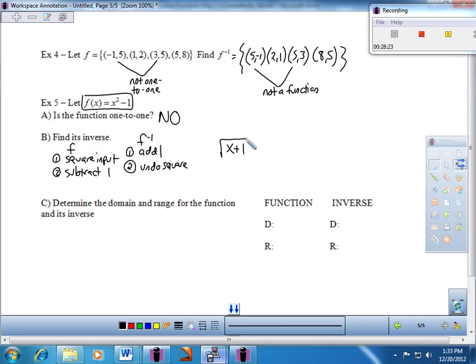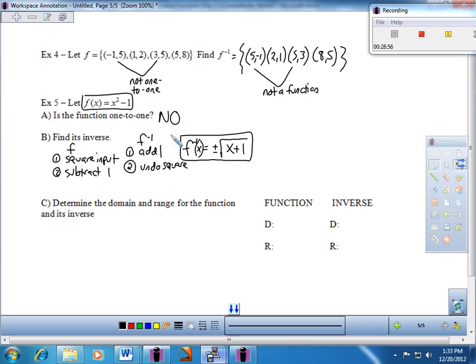I was very careful to say that I'm undoing a square rather than just writing square root down. And the reason is, of course, and a little light should go on, anytime we talk about undoing a square, what do I have to remember, everyone? The plus and the minus. And that's the key. When you undo the square, those two parts of the root come out. And so as a matter of fact, that's your inverse right there.